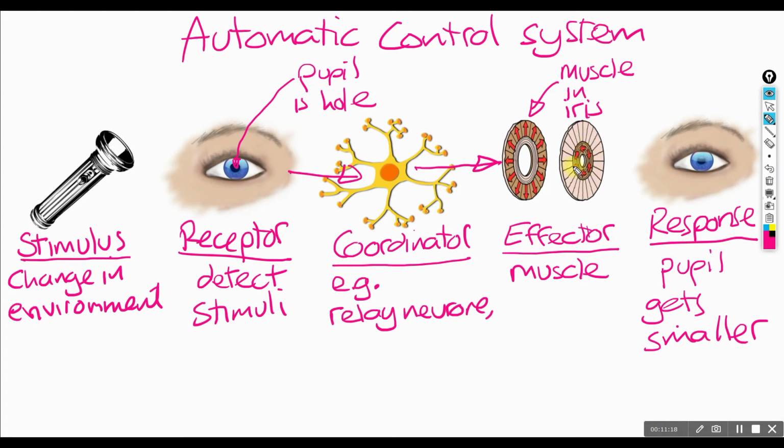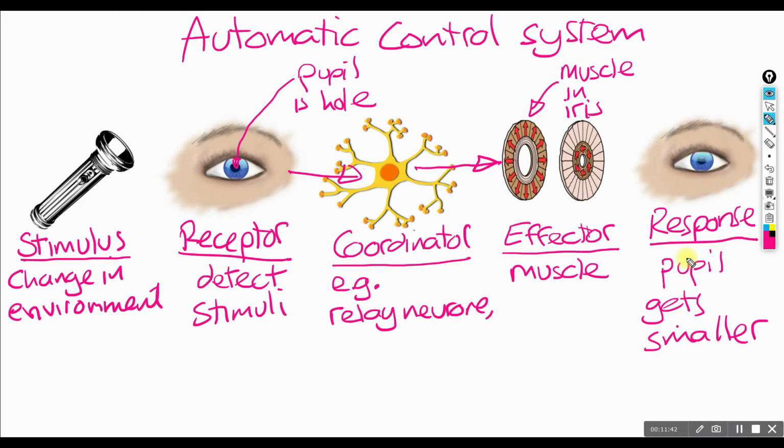And this effector in this example has caused the pupil to get smaller. We've got some circular muscles here that contract and pull together and make the pupil go smaller. And that pupil going smaller is the response. So the effectors cause the response. So it's a really important idea in this pack. It's the automatic control system.